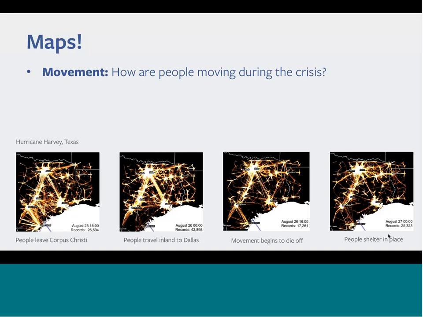In the second panel, we see movement up from 2 major cities closer to the coast, more inland, up to Dallas. And then eventually what we see is people sheltering in place as the hurricane actually arrives. So this shows how you can use these maps and step through time to understand what's going on the ground.